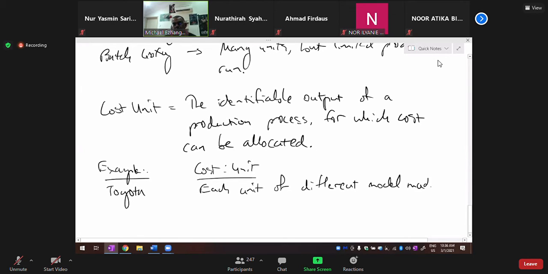Toyota makes many different models, isn't it? You have Corolla, you've got Camry, or whatever other models they make. Each model is a cost unit, right?